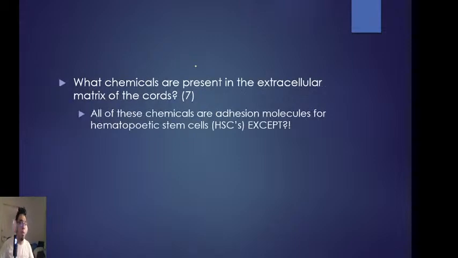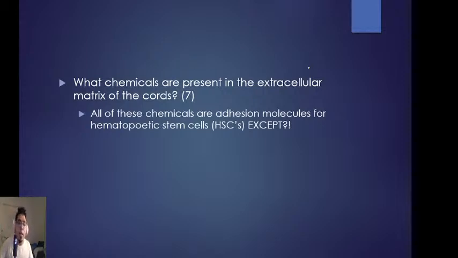All right? So we have chemical modulators also in the cords. We have a lot of chemicals in the extracellular matrix of the cords. What do I mean by the extracellular matrix? It's basically, I'm not going to call it plasma, but rather the free spaces where fluid is present, the non-cellular part of the cords.